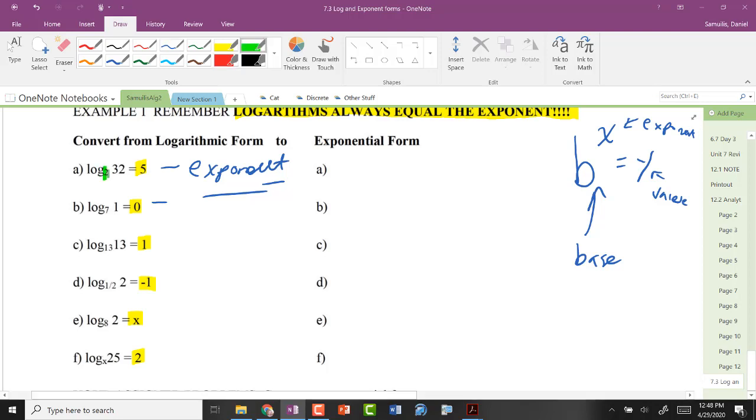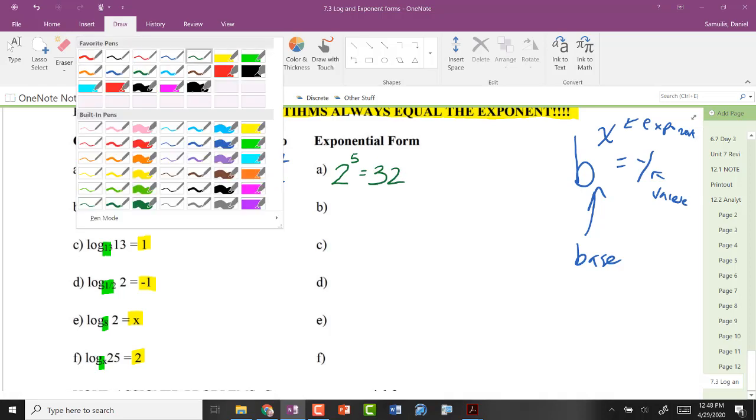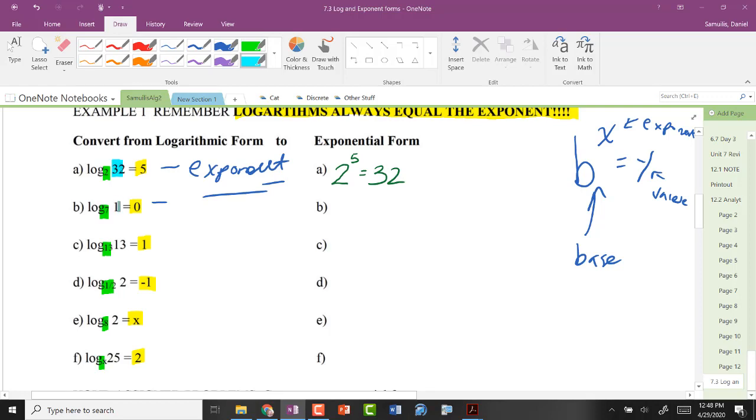So 2, 7, 13, a half, 8, x are all bases. This becomes 2 to the 5th power equals 32. The green is all the bases, the blue is all what it's equal to, and the yellow is all the exponents. That's all it is.